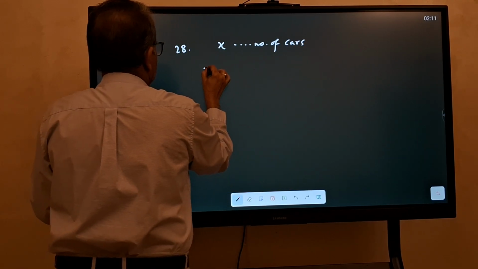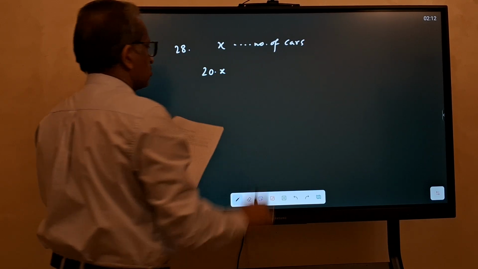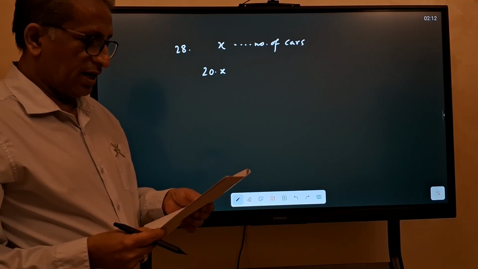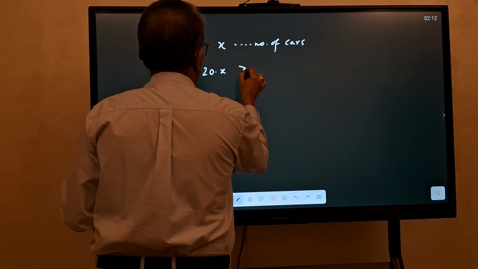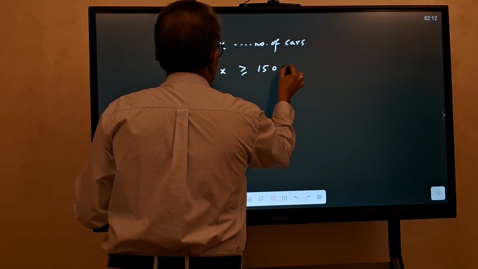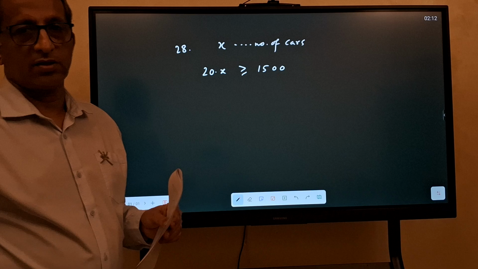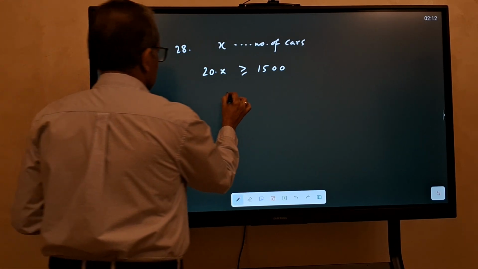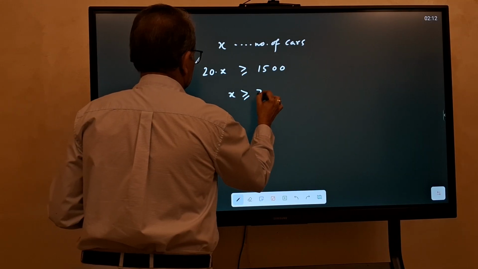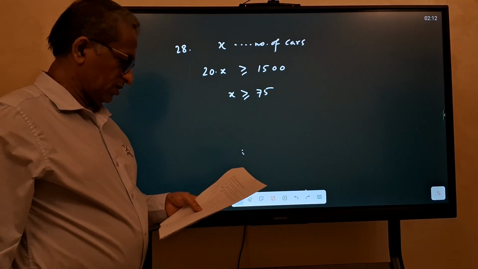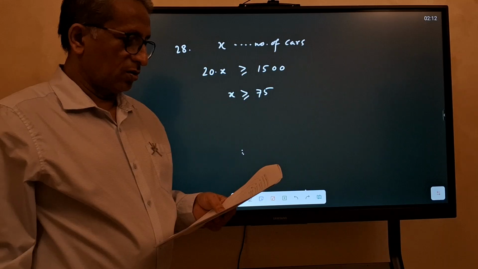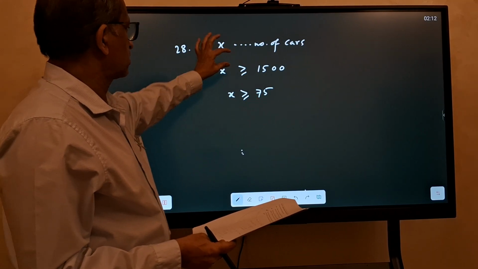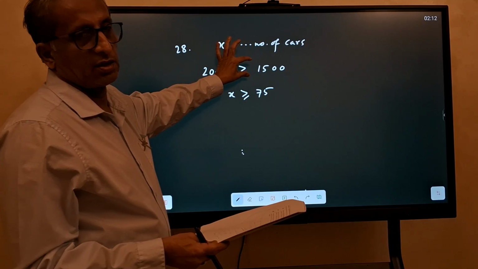Each car he is charging 20, that is cost is 20x. And then at least means greater than or equal to 1,500. So this is the inequality in this question. Solve this, you get this. So he must wash at least 75 cars so that his earning is 1,500.